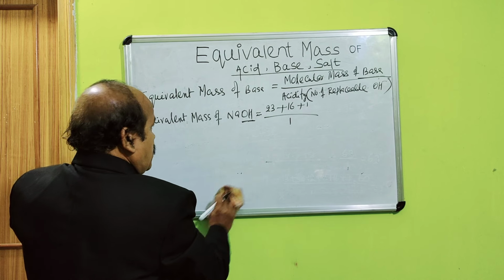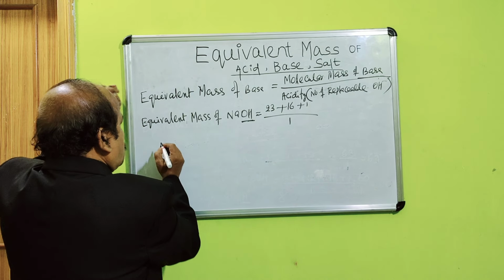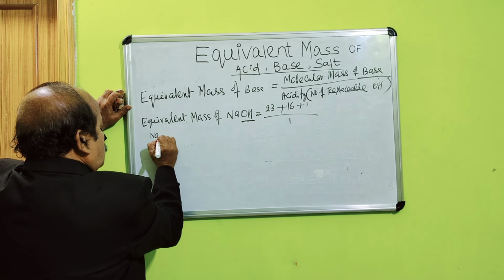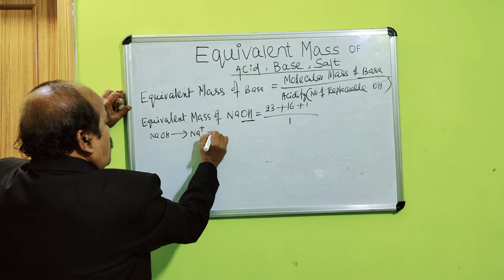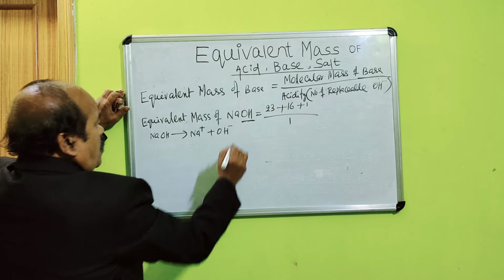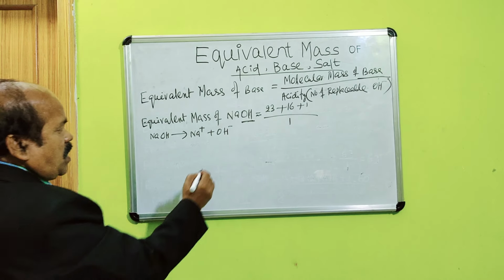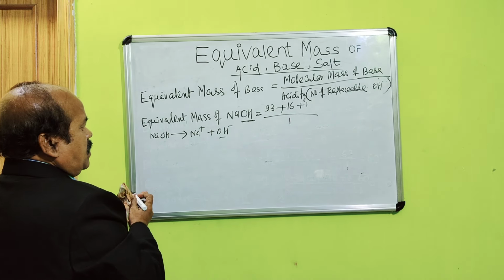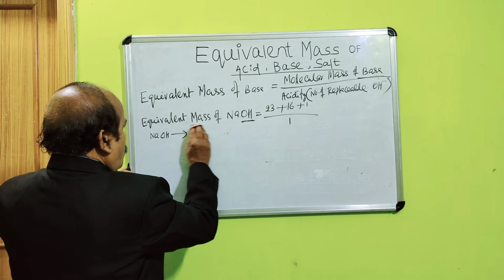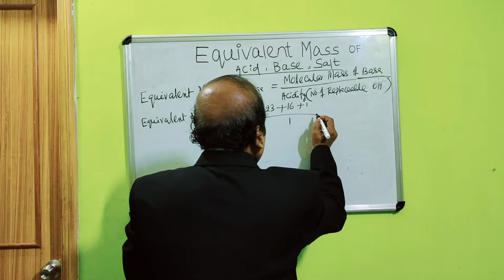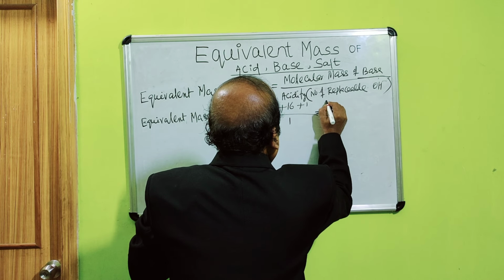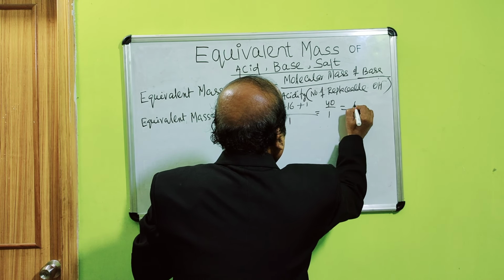It's the acidity, or number of replaceable OH minus is 1 also. NaOH will give rise to Na plus and OH minus. So 1 OH minus is there, hence I have written here 1. So 23, 16, 1, 40 by 1, that is equal to 40.